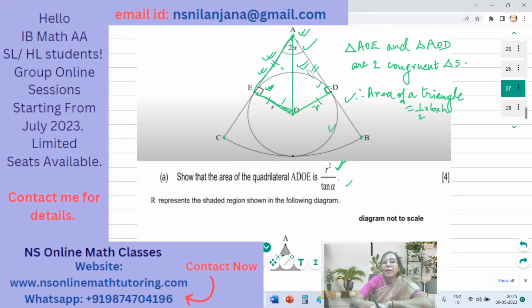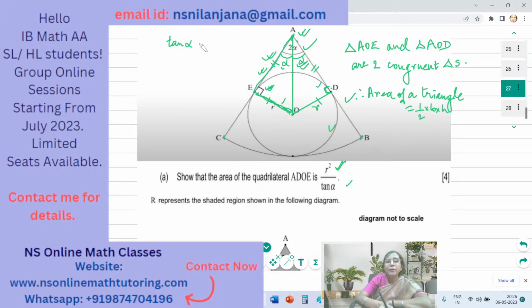Since these two triangles are congruent triangles, therefore this angle is alpha and this angle is also alpha because the whole is 2 alpha. Therefore, this OA is bisecting this angle. So angle EAO is alpha and angle DAO is also equal to alpha. Therefore, since triangle AOE is a right angle triangle, we can see that tan alpha, I'm taking tan alpha because I know this side length in terms of R, of course.